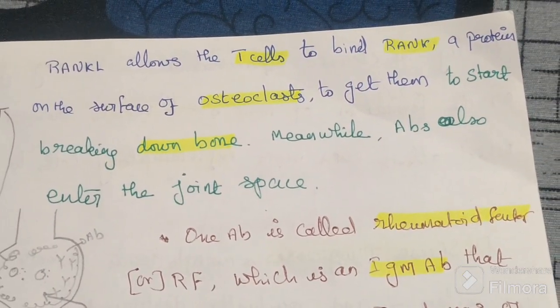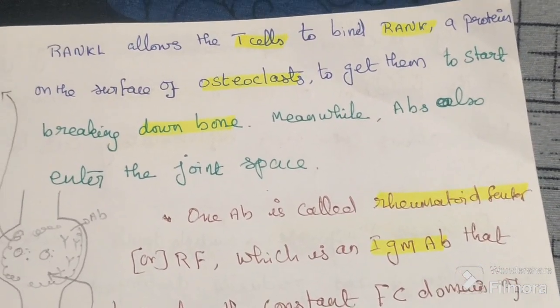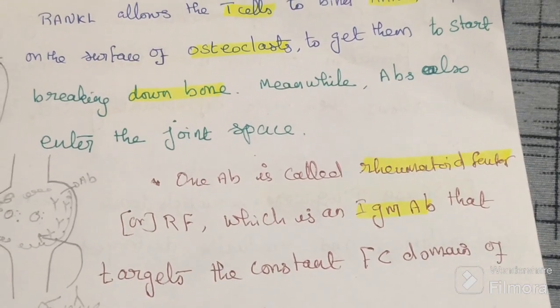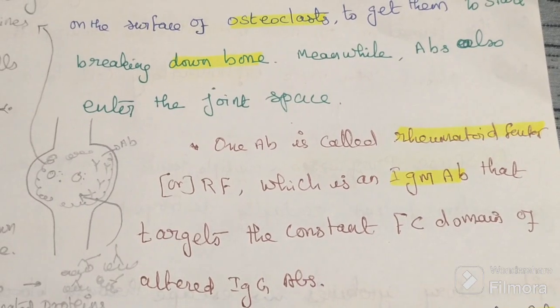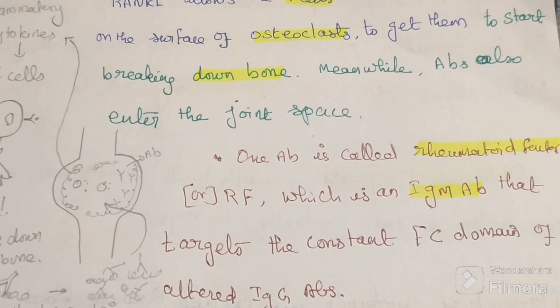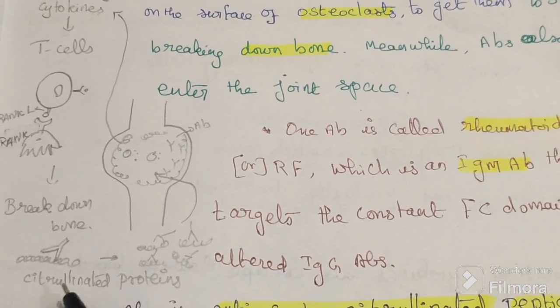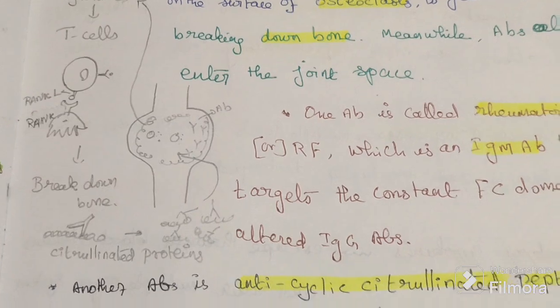One antibody is called rheumatoid factor, or RF, which is an IgM antibody that targets the constant Fc domain of altered IgG antibodies.